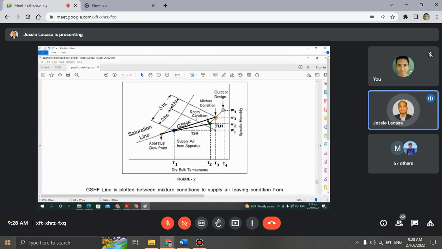So just like this line and this line, ang intersection nila kare. Then this is the condition of the supply air. No, condition sa supply air ni.